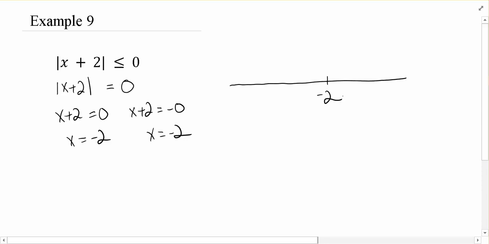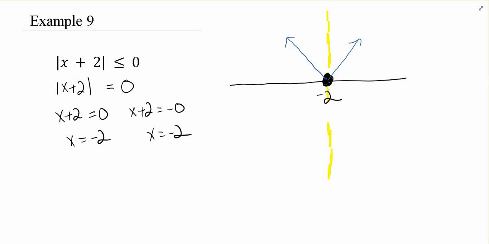Looking back to the original inequality, though, this one has a closed circle because we were allowing equality. Now, like the last one, we would draw the V by just making the point of it hit there since we only had one solution. Like the last one, we only have two chunks, the chunk on the left and the chunk on the right.